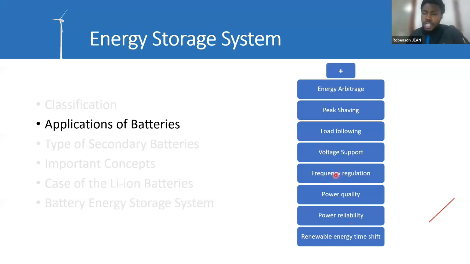And also we can achieve frequency regulation, power quality, power reliability, and renewable energy time shift. And this is an important part because sometimes when the energy is available, it is not the time when we are at home or when we need the energy.